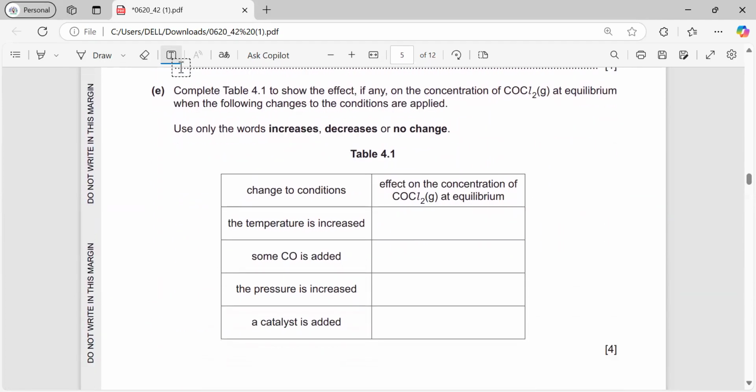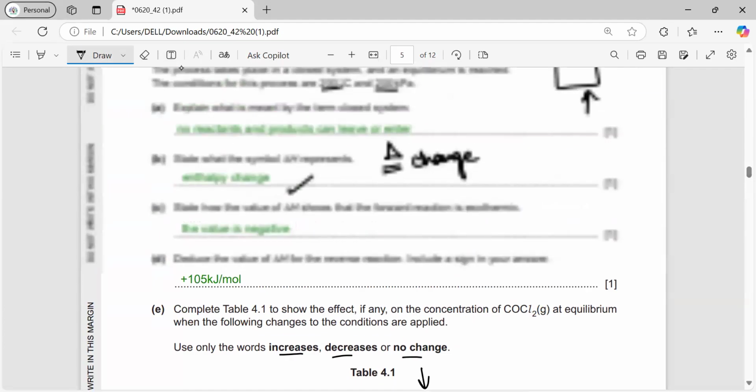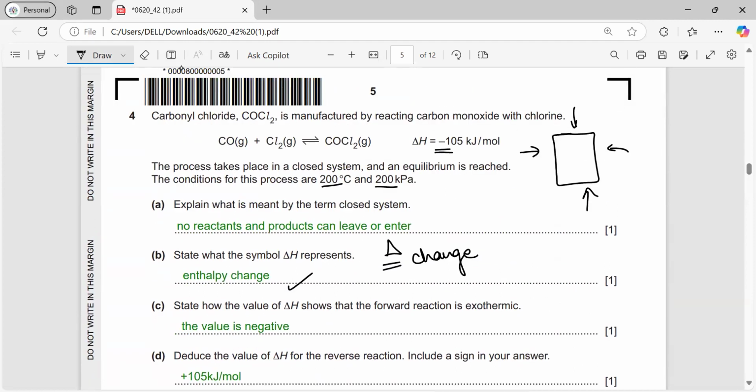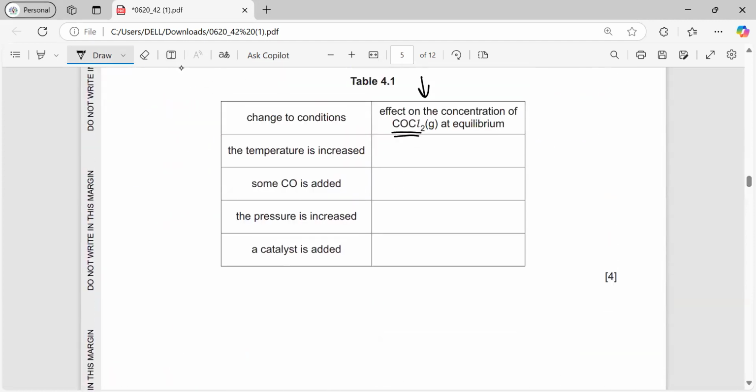Complete the table to show the effect, if any, on the concentration of carbonyl chloride at equilibrium when the following changes to the conditions are applied. We have to use these words: increase, decrease, or no change. This is the equation. For simplicity, let's write the equation down.